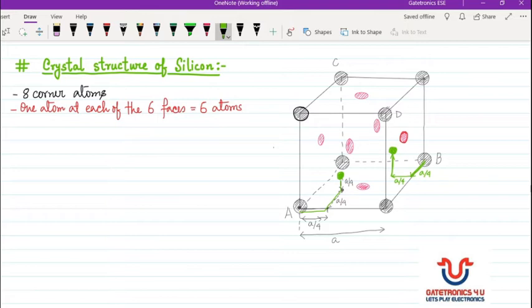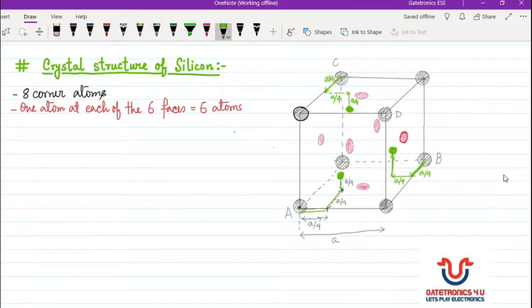Similarly, if I move a by 4 distance in this direction and a by 4 distance in this direction, this is also a by 4, and if I move downwards in this direction by a by 4 distance, then at this point we will get another atom.